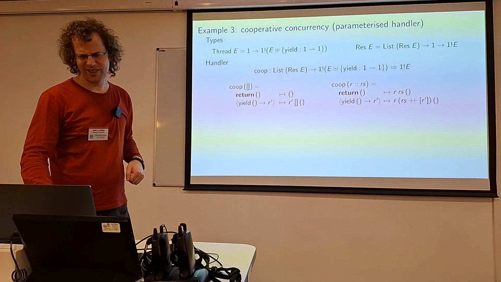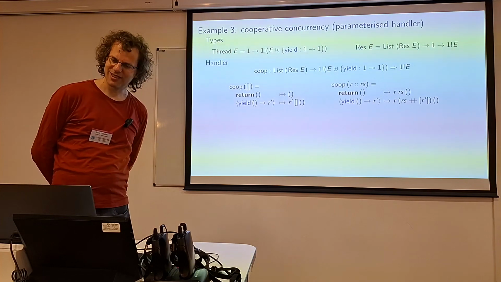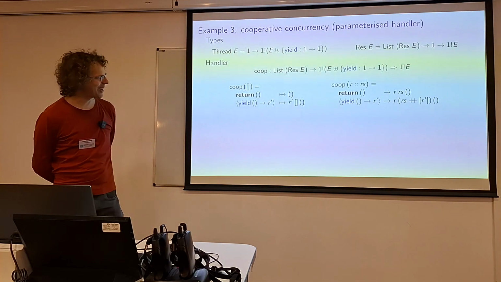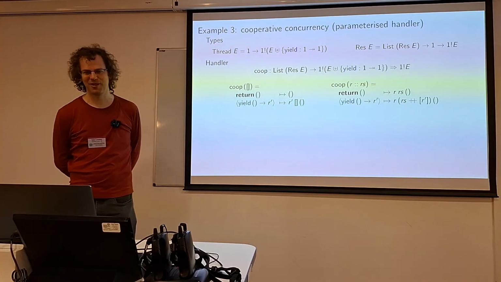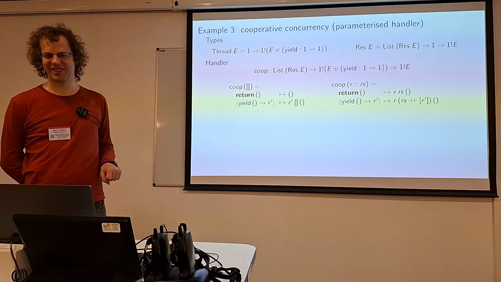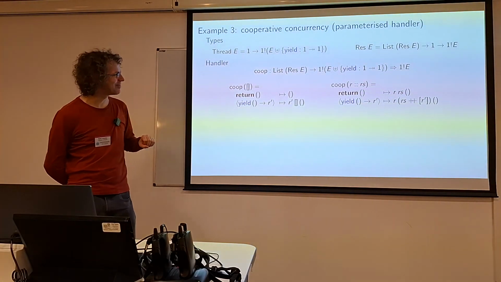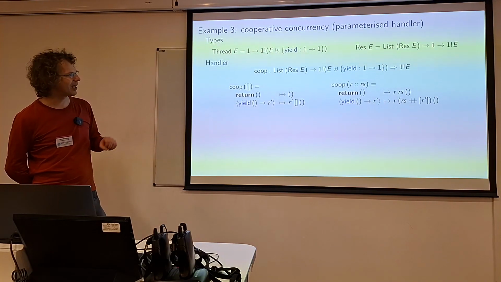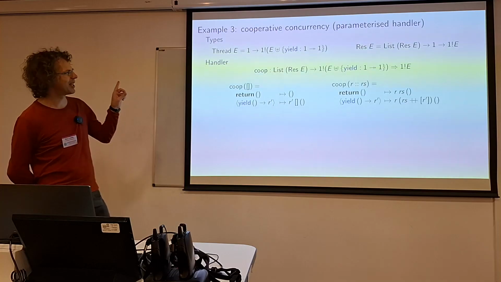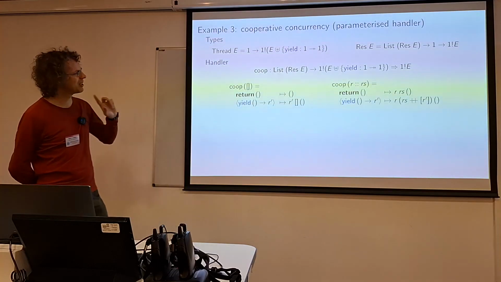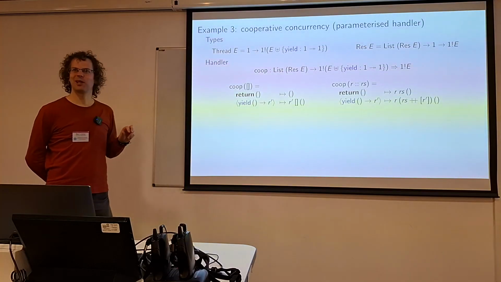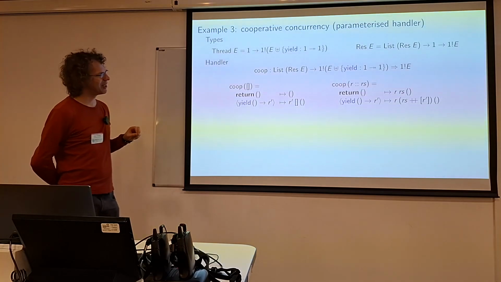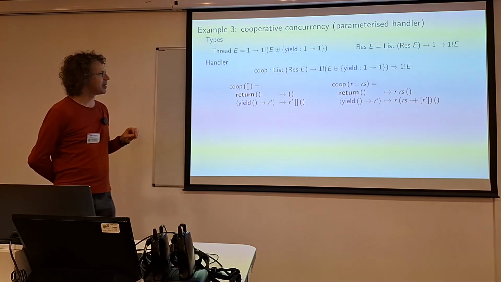I realize I'm not that keen on this presentation of this example, because the shallow handler version is much simpler, but let's do it anyway. I showed you this yesterday, but this time we have effect types. And it gets a little bit complicated because, in fact, we need recursive types here, as we will see.